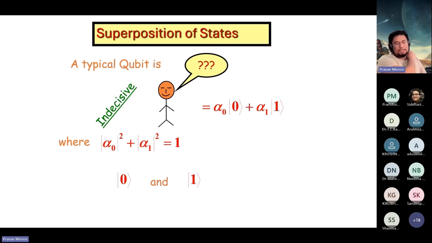The sum of the squares of both amplitudes is always 1, because probability is always 1. So it can be equally probable or it can be different, but it's based on the orientation the qubit is oriented towards.